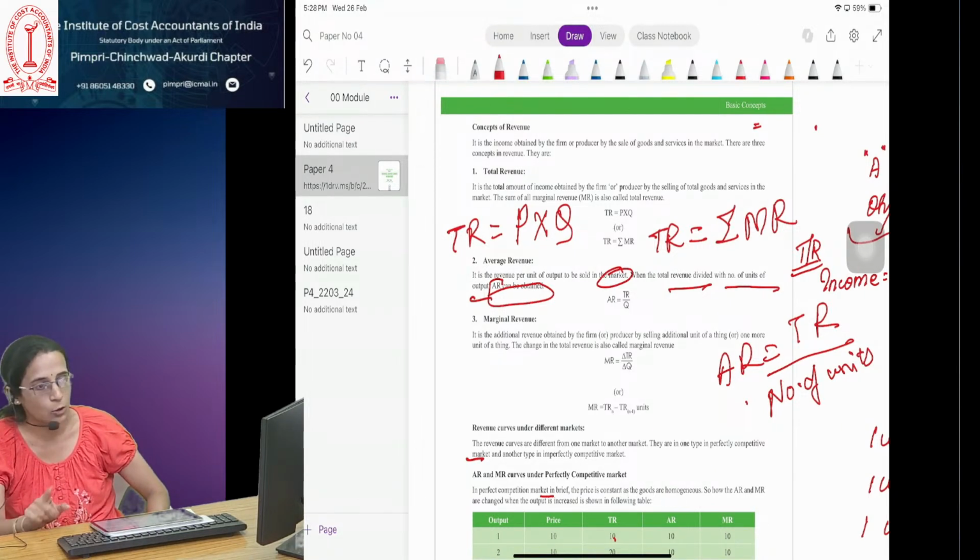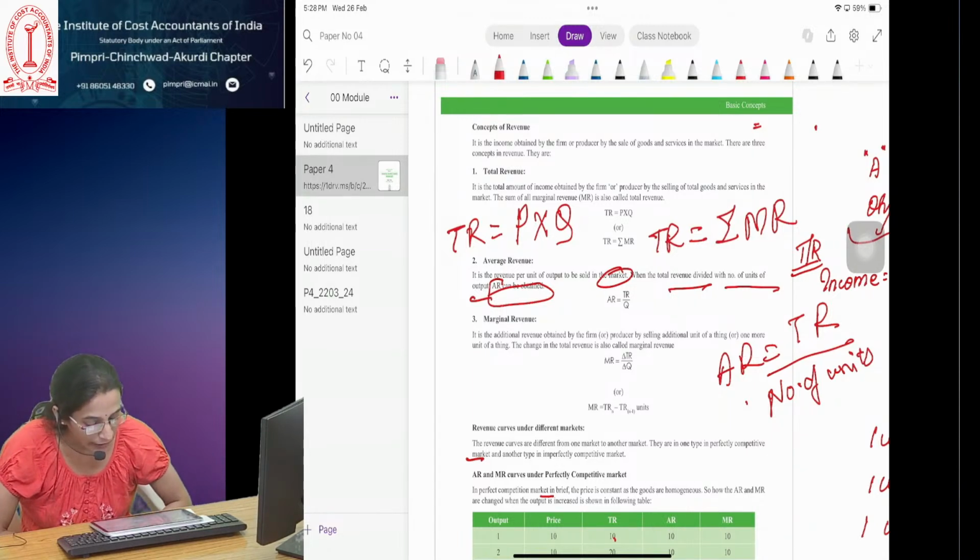Previously for cost we were using TC, now for revenue it will be TR: total revenue n minus total revenue n minus 1. Another is the change in the total revenue. Margin is what? Change, right? For cost it was change in the cost divided by change in quantity. For revenue it will again become change in the total revenue divided by change in the quantity. Clear?